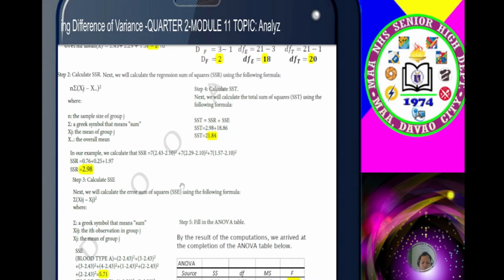Here we have this formula. The 7 stands for the 7 patients. So 7 times 2.43, which is the mean of blood type A, minus 2.10, the overall mean of the 3 groups, squared, plus 7 times 2.29, the mean of blood type B, minus 2.10 squared, plus 7 times 1.57 minus 2.10 squared.